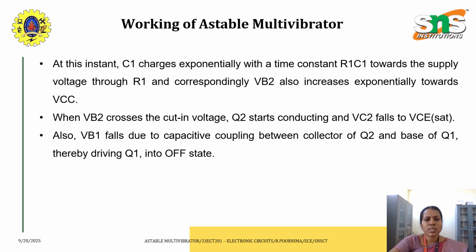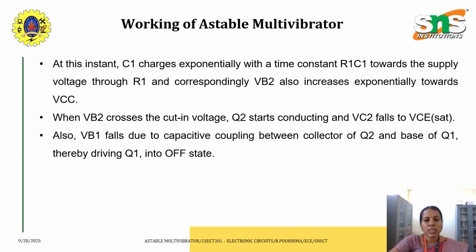At this instant C1 charges exponentially with time constant R1C1. The first circuit capacitor charges towards the supply, and correspondingly VB2, the base of the second transistor, increases because these two are coupled.